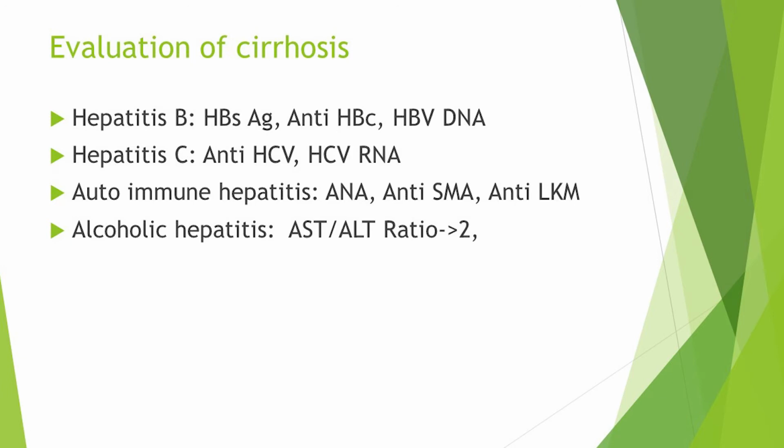Among viral hepatitis, hepatitis B is more common, and then hepatitis C. What are the other markers? If the patient may have autoimmune hepatitis, you know the autoimmune markers: anti-nuclear antibody, anti-smooth muscle antibody, anti-mitochondrial antibody. If you think it is alcoholic cirrhosis, you can take the history of alcohol consumption for a long period of time, with AST-ALT ratio more than 2.